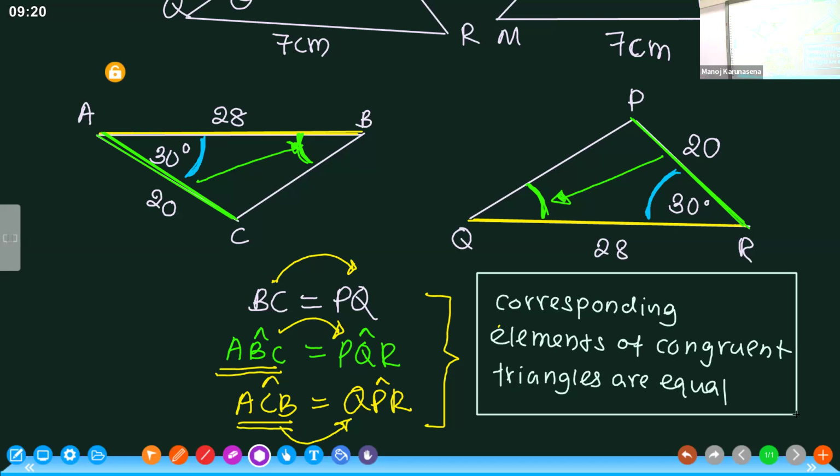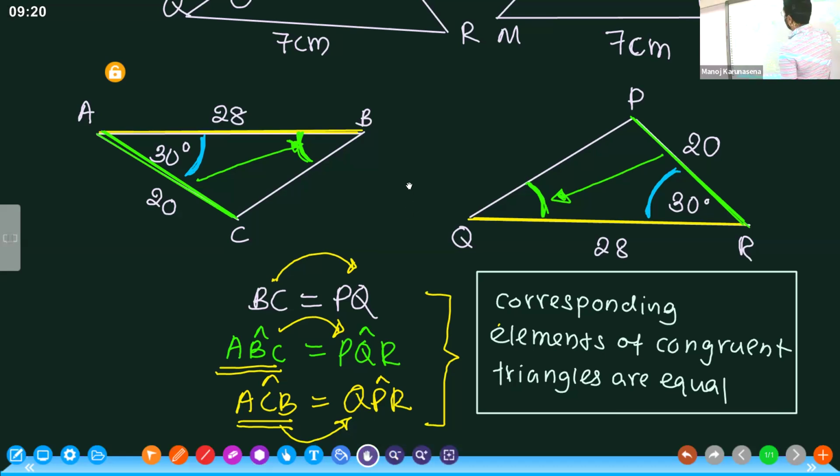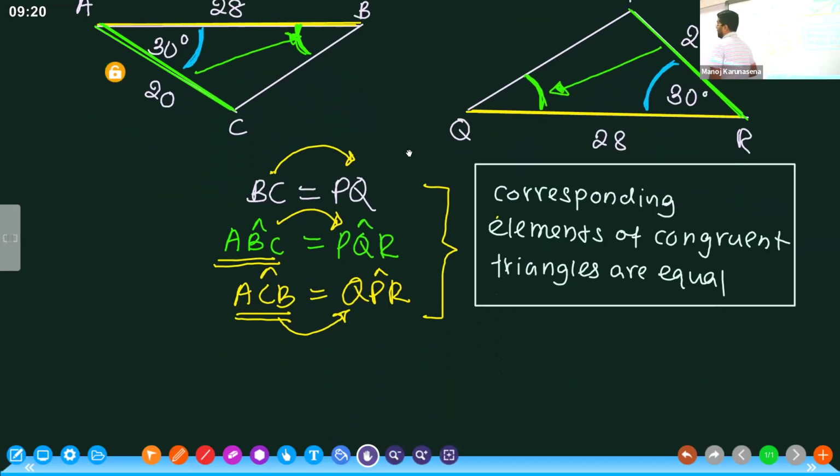Exercise, let's start 5.1. Directly come to this question, number 3. Exercise 5.1, question number 3.